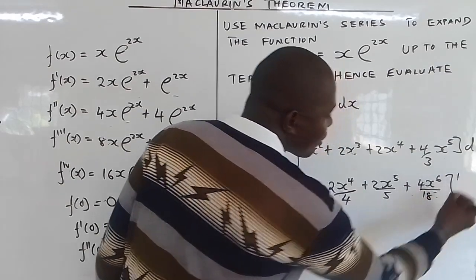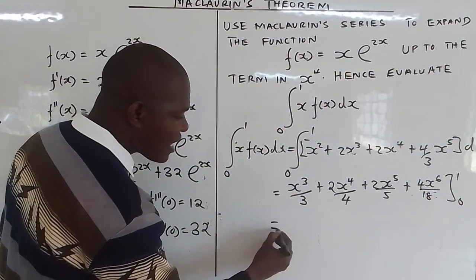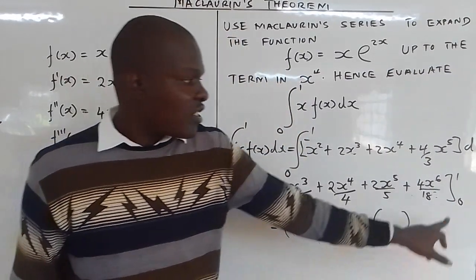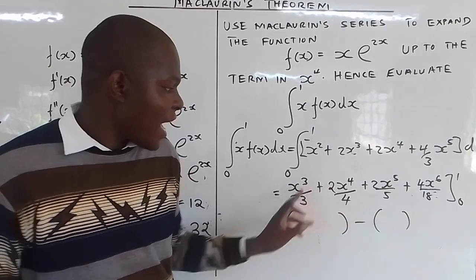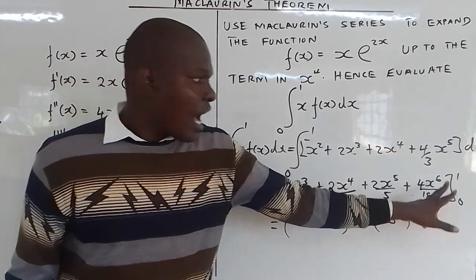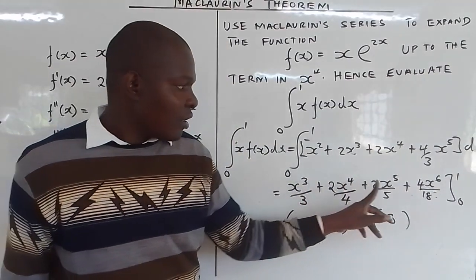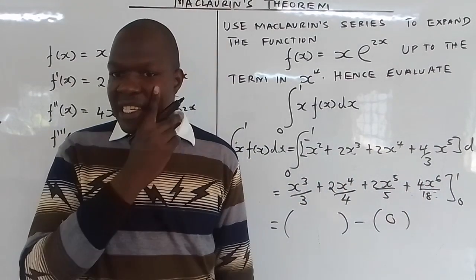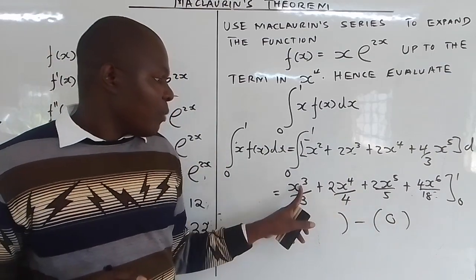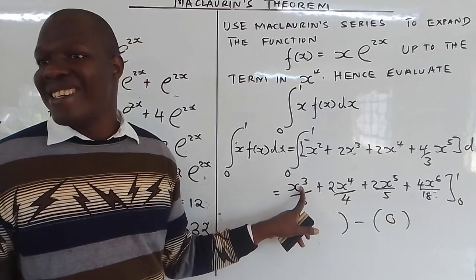Then you put your limits from 0 to 1. Then the answer will be upper limit minus lower limit. So you can see lower limit is 0, meaning when you put 0 where x is, the whole of that will just be 0, isn't it? Are we together? The upper limit is 1. So if you put 1 in the upper limit, what do you get to be the answer? Go to the calculator. When you put 1 at the upper limit, 1 raised to power any power is 1, isn't it?